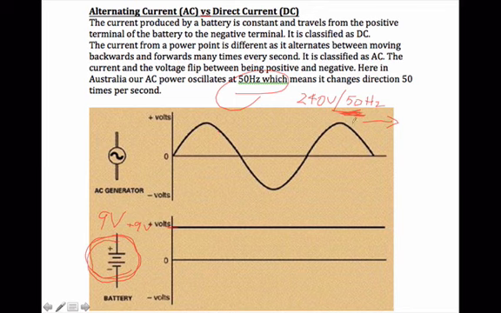What you have is the current flip-flopping, oscillating backwards and forwards 50 times a second. And what you'll discover in Unit 4 Physics is, even though we call it 240 volts, that does not mean these peaks are at positive 240 and negative 240. In fact, the voltage out of an Australian power point goes from positive 340 to negative 340 volts. But we will discover the reason behind that in Unit 4.